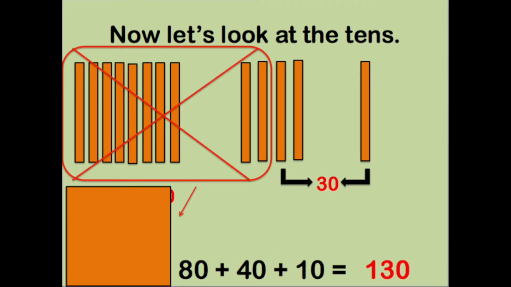Now we're going to regroup. Instead of having 10 groups of 10, I'm going to change that into one group of 100. Remember those 3 extra 10s on this side, because in our final sum or answer, we will have a 3 in the tens place.